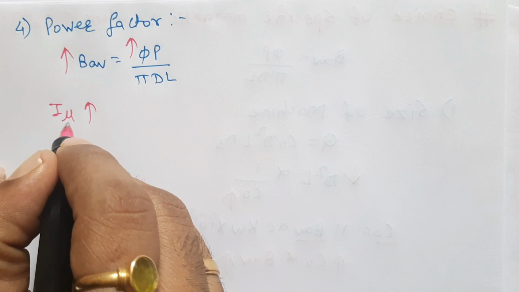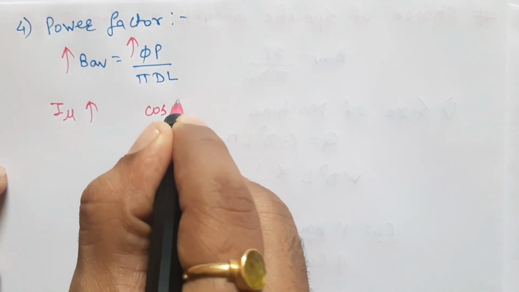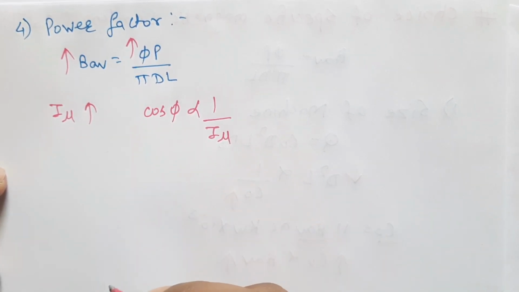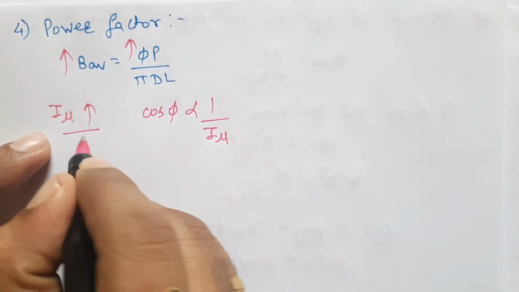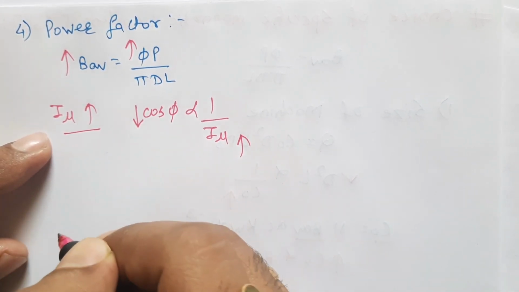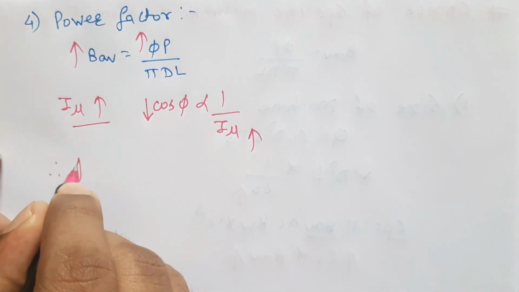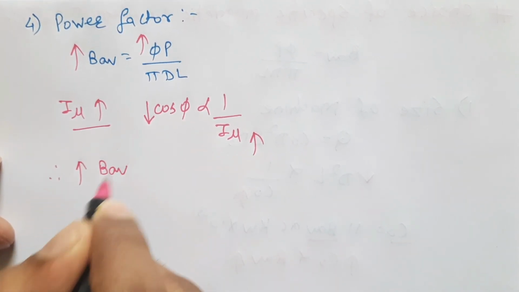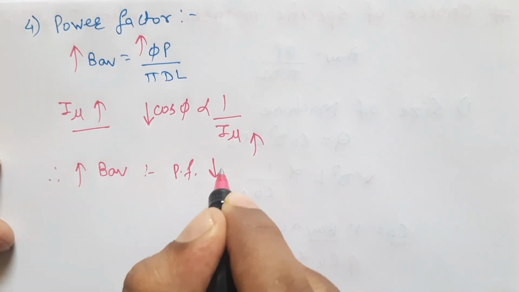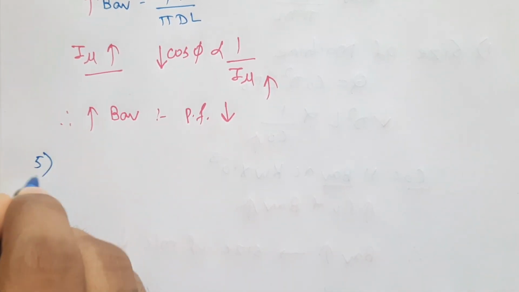Power factor cos phi is inversely proportional to magnetizing current I mu. Since I mu increases, power factor of the machine decreases. Therefore, as we select a high value of BAV, power factor of the machine decreases.